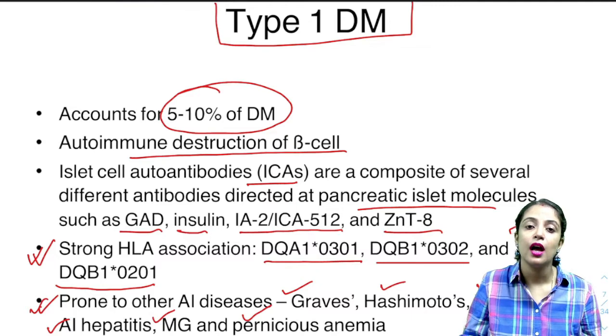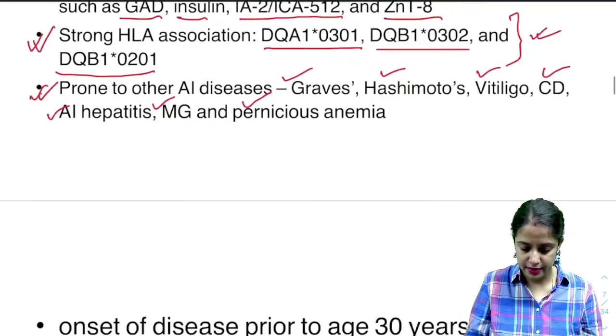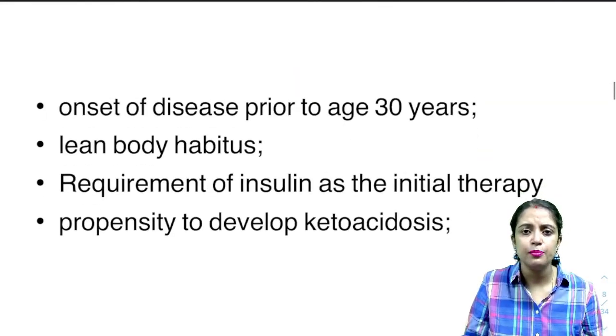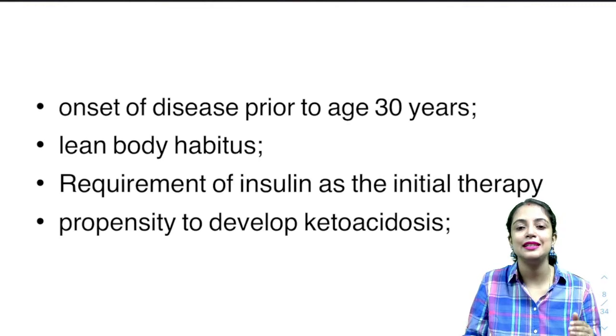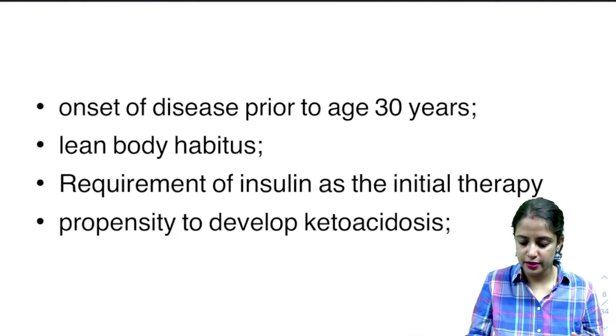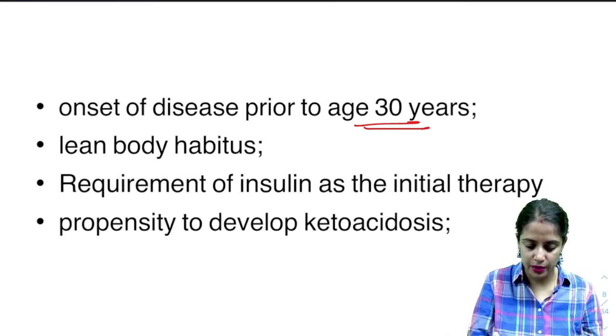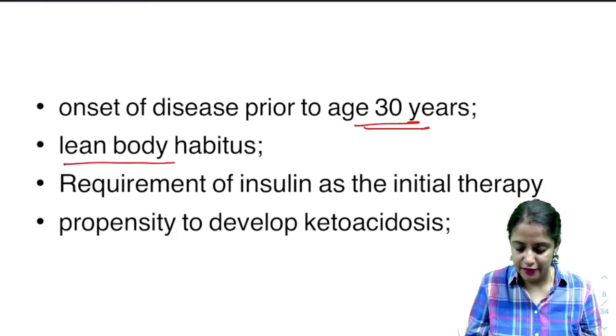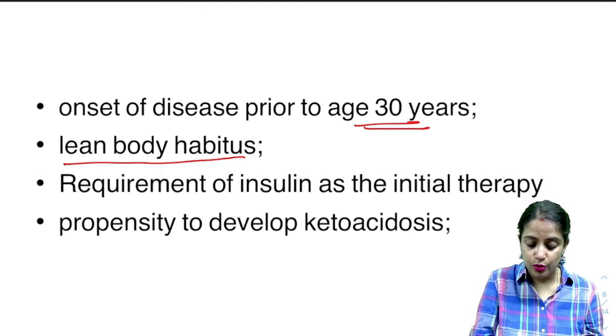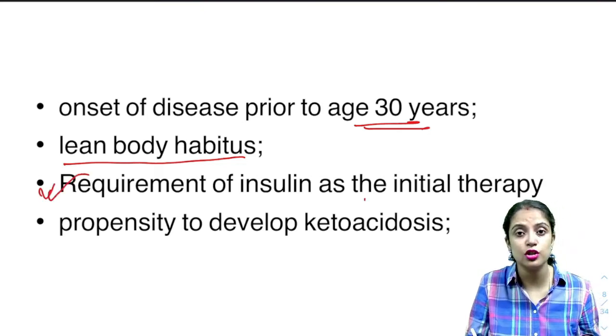This is about type 1 diabetes mellitus. The onset of type 1 is usually in the young population, before 30 years of age. If we look at the body habitus, they are usually lean, and they require insulin as the initial therapy because there is absolute insulin deficiency.